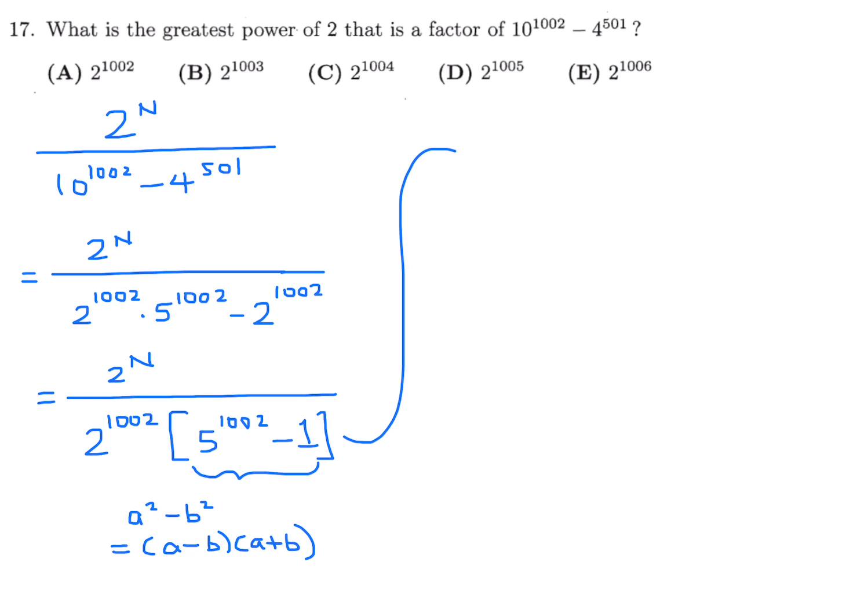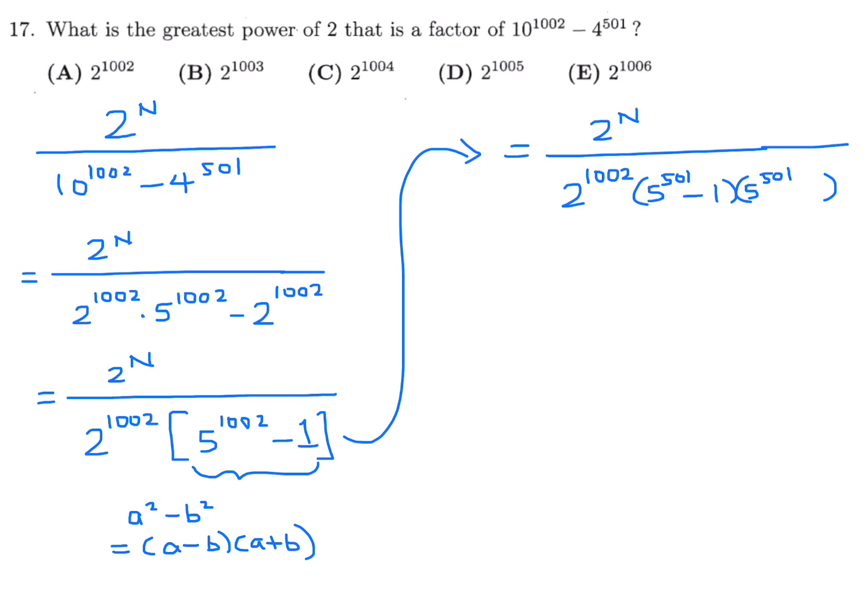So that's what we're going to do for that guy. It may not look like it, but it really is the difference of 2 perfect squares. So we got this, and let's factor that now. So it's going to be 5 to the power of 501 minus 1 times 5 to the power of 501 plus 1. So that is how you factor that.